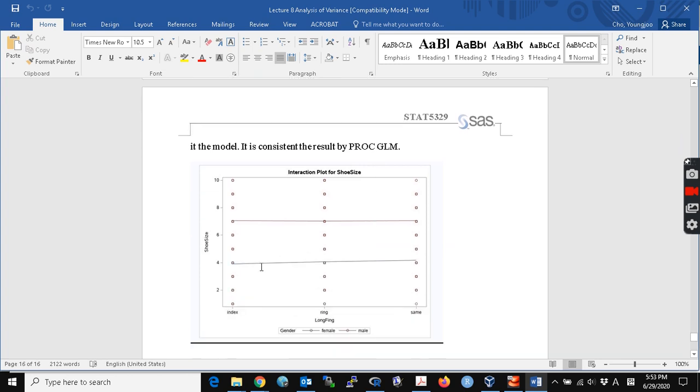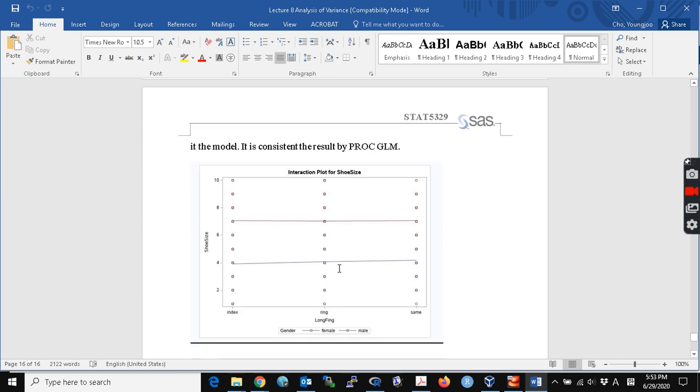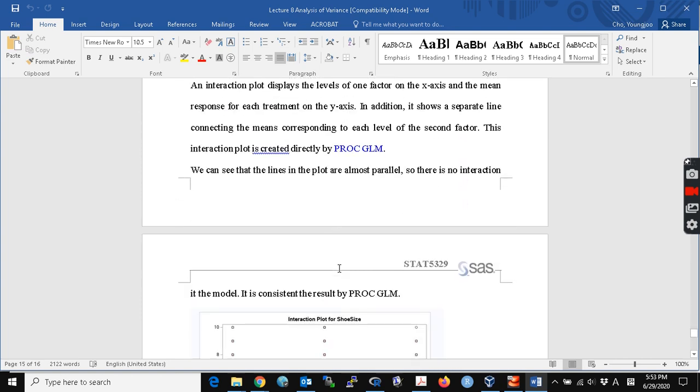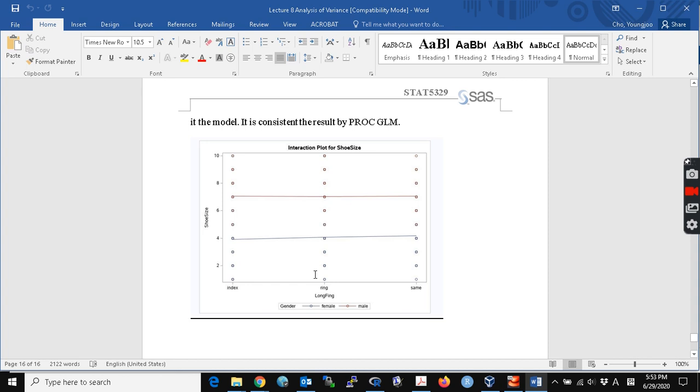If the lines are parallel, it means there is no interaction effect, because the second factor does not make a change, or your factor on the x-axis does not make a change.